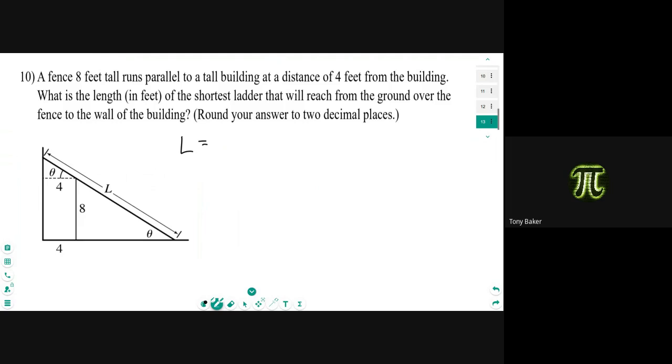So we don't have enough information as it sits to figure out the whole length. So we're going to have to do this as 2 separate pieces, right? Because I don't know that. And I don't know that. So we don't know this or this.